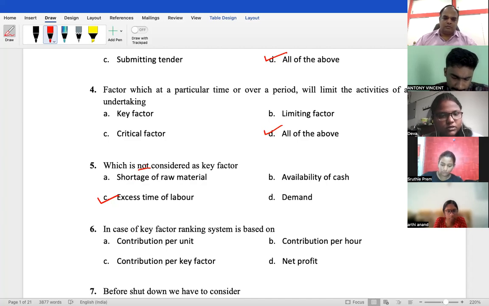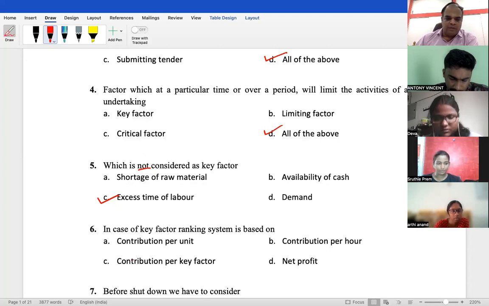Next question. In case of key factor, ranking system is based on A, contribution per unit. B, contribution per hour. C, contribution per key factor. D, net profit. Contribution per key factor. Whenever key factor arises, we have to remember the steps. Even those steps they mention. Identification of key factor.